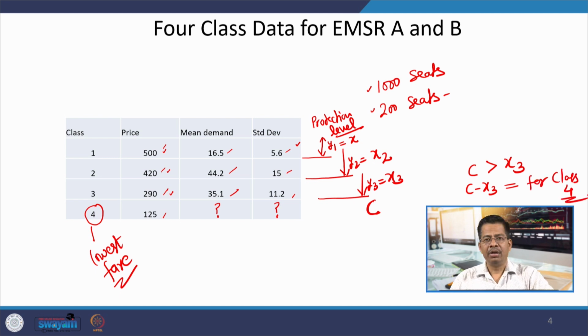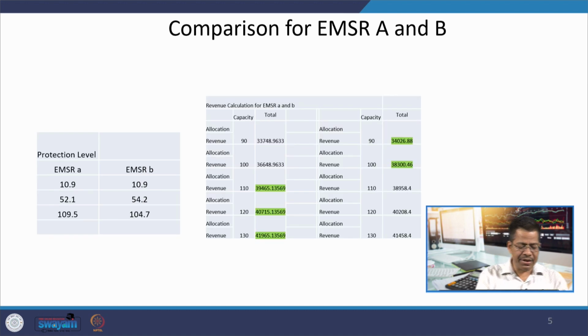That is the logic, that we do not give the mean demand and standard deviation for our last class. Now, as we have done in our previous session, using EMSR A and EMSR B, we have calculated the protection levels for A and B, and that is available here directly.